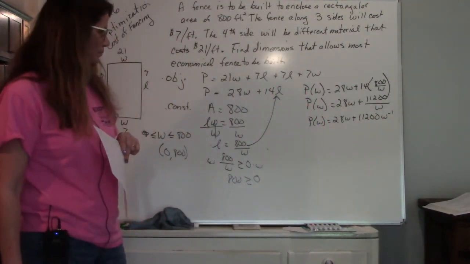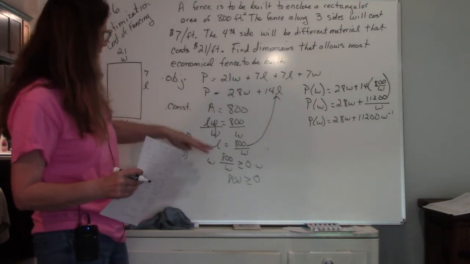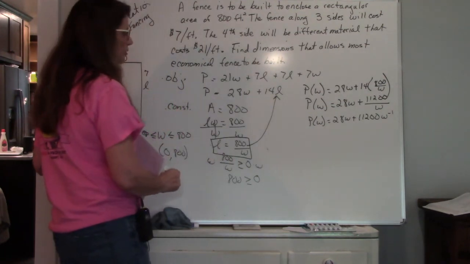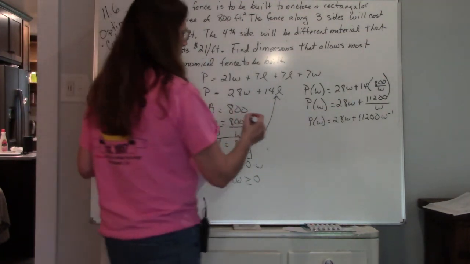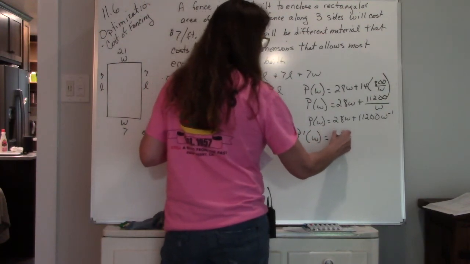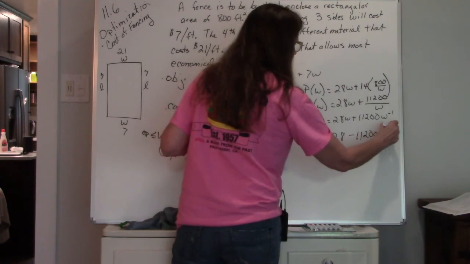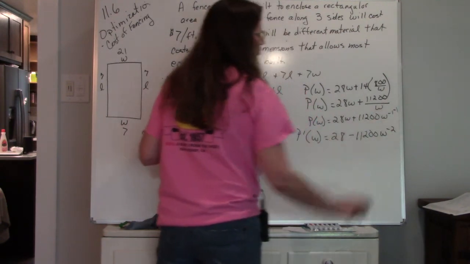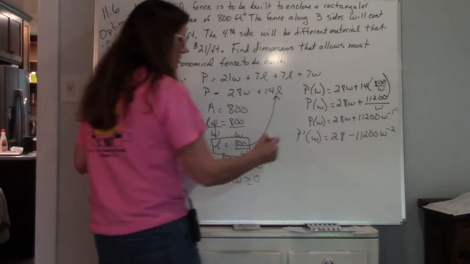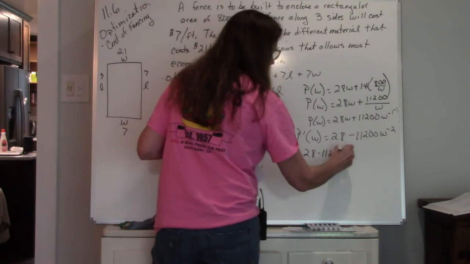Okay? So our constraint is right here. That will help us find L once we find W. And now we can find the derivative. So the derivative of our perimeter is 28 minus 11,200 W to the negative 2. So remember, we're subtracting 1. That's where we get the negative 2. Now we're going to set this equal to 0 and then solve.